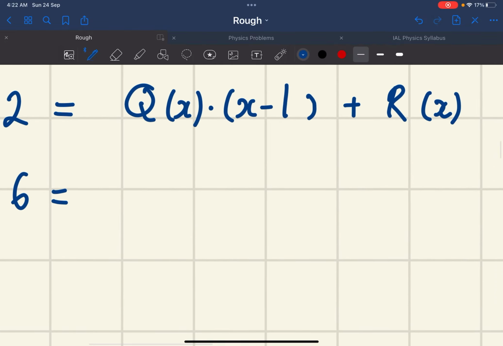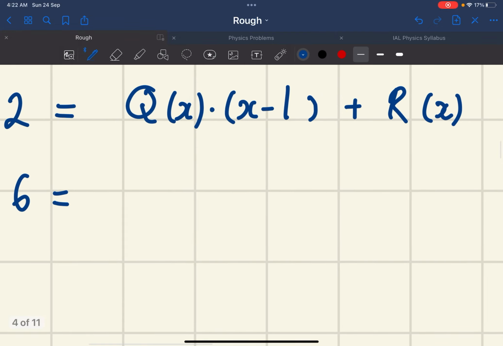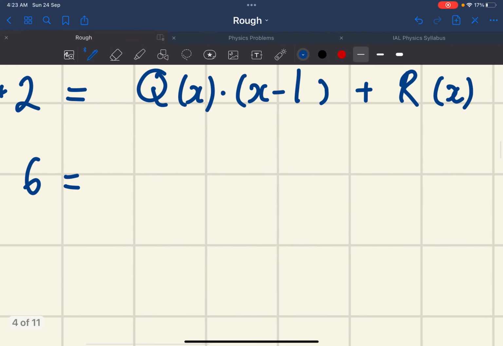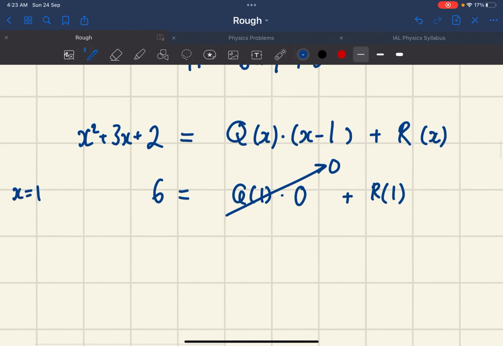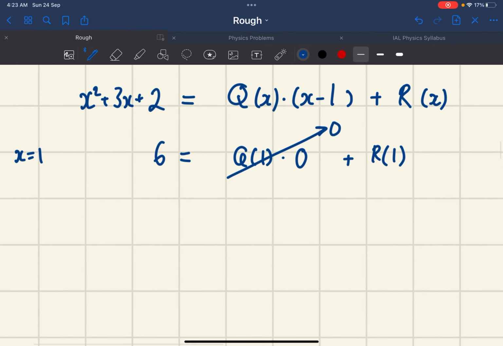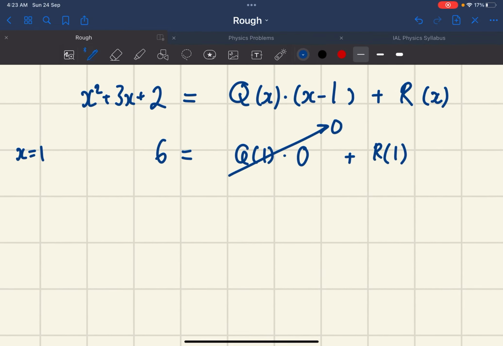Now why we substitute x equals 1 is because now we put in 1 here. 1 minus 1 is 0. q of 1 times 0 is 0. We got rid of the q. r of 1. What we get now is that the remainder is 6.